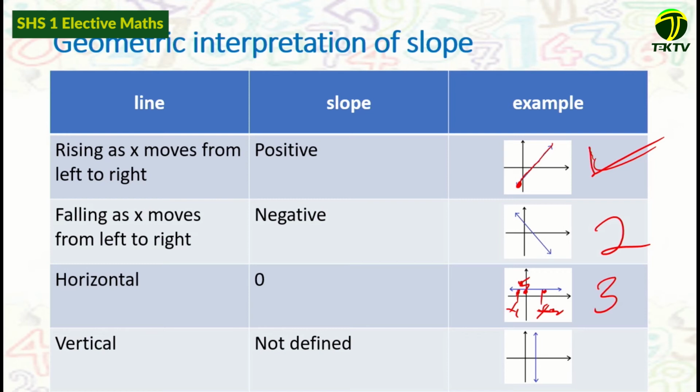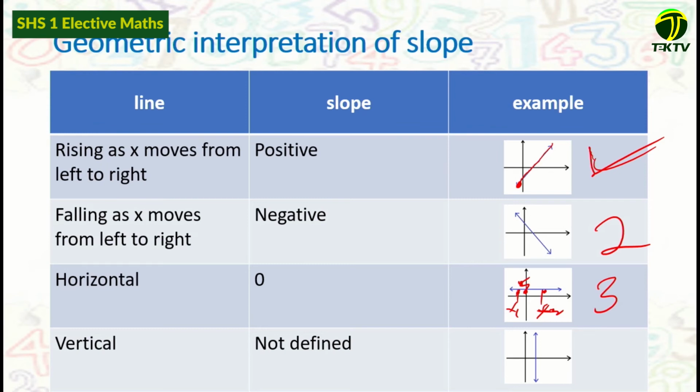So it doesn't matter the value you have at the denominator, which is x2 minus x1. You will still have 0 over a number. And 0 over any number is always what? 0. So anytime you have a horizontal line, the gradient or the slope of that line is always 0. This is because the difference in the vertical distance, that is y2 minus y1, will always give you 0.